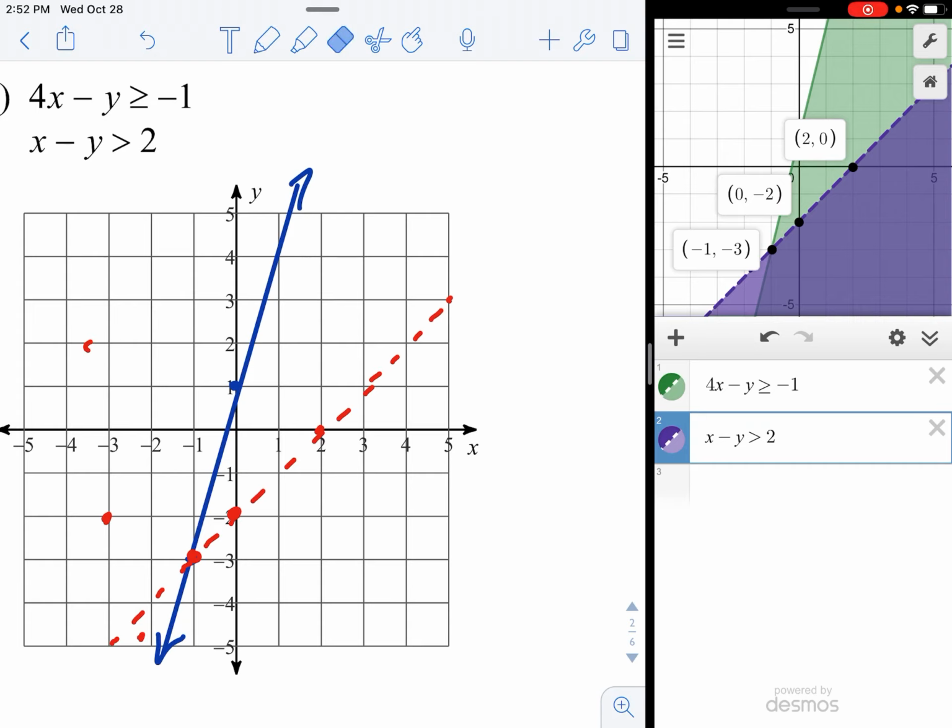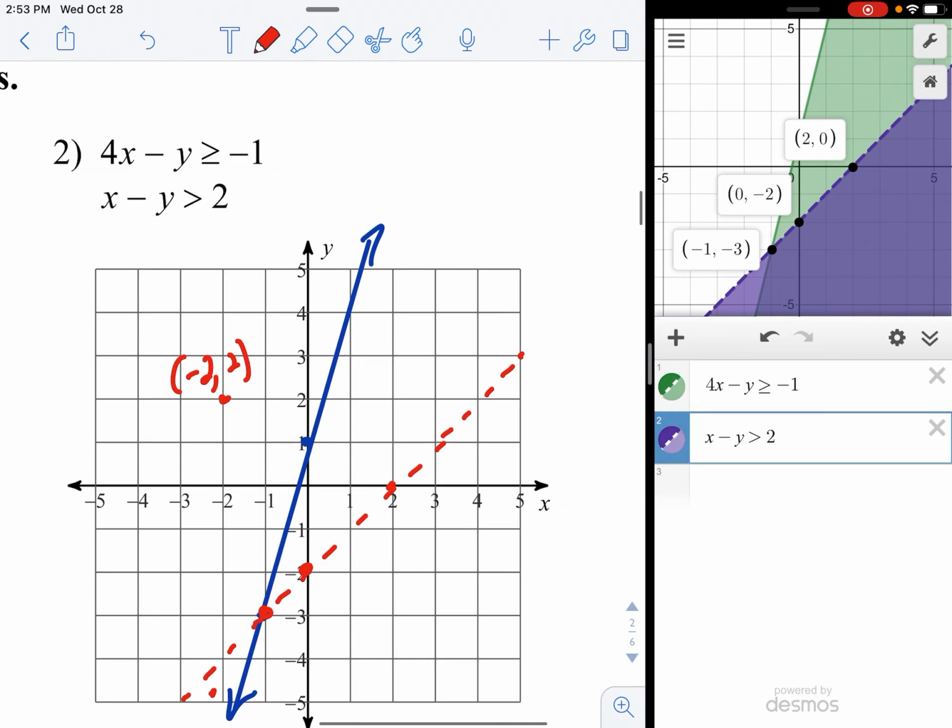Some of those points satisfy one of the inequalities. Some of those points satisfy the other inequality. And some of the points satisfy both inequalities at the same time. And then some points don't satisfy any inequality. For example, if I pick this point right here, negative 2, 2. If I plug it into this first equation, I get negative 8 minus 2, which is negative 10.